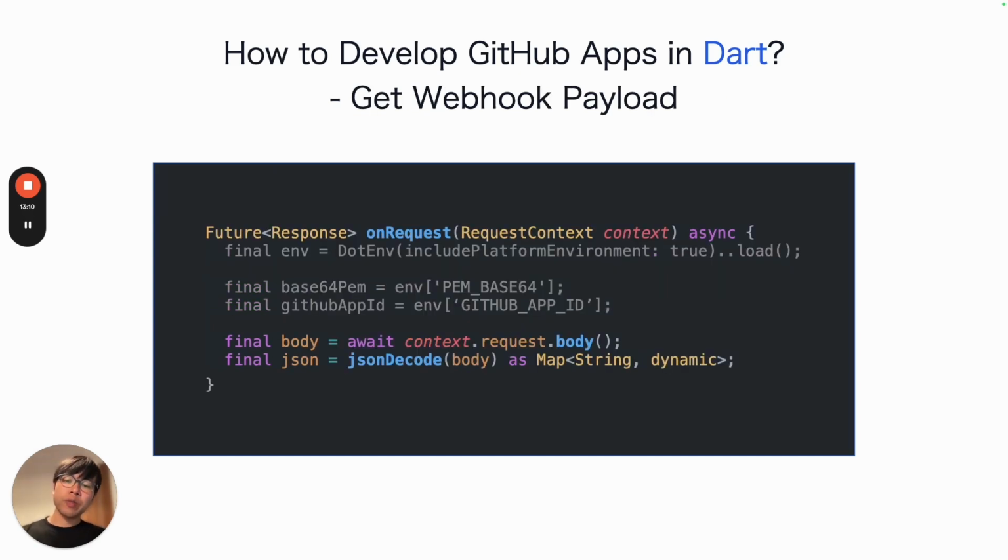GitHub sends a webhook payload to Code Sensei according to the permissions we set at GitHub. This code converts the payload to JSON or a map type in Dart. Actually, there's a problem. If you use Probot with TypeScript, it converts this JSON to a GitHub object.